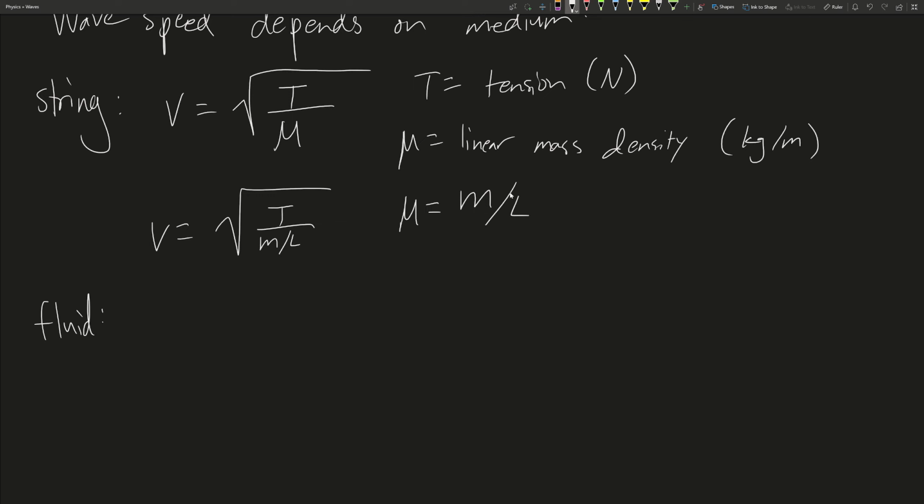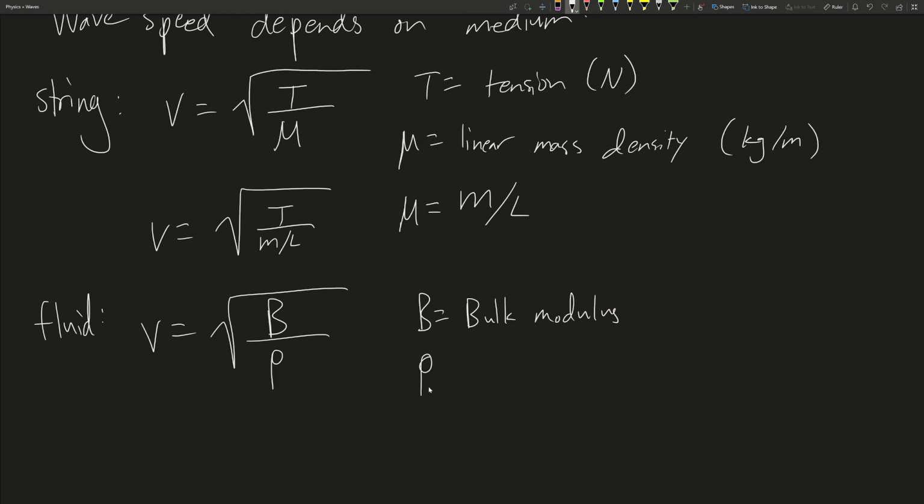So the speed of sound through water or air is given by v is equal to the square root of B over rho. Here B is the bulk modulus of the fluid. Water will have a certain bulk modulus and air will have a certain bulk modulus. I'm pretty sure the bulk modulus is related to the incompressibility of the fluid. And rho here is just the density of the fluid.